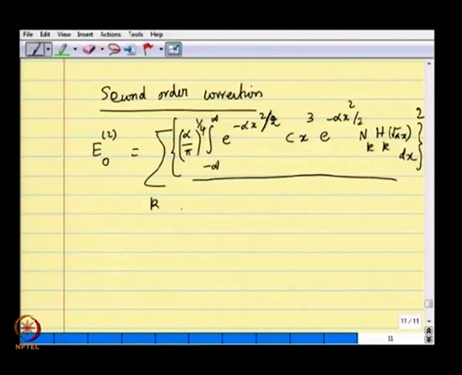the zeroth order energy, which is half h nu, and any other energy state is k plus a half h nu.